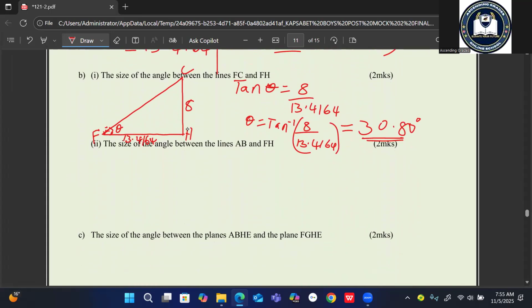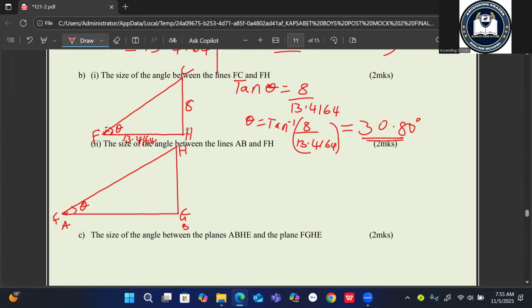So the triangle will be like this one. You have beta, then you have FG, which is just the same as AB. So, and we have FH here.